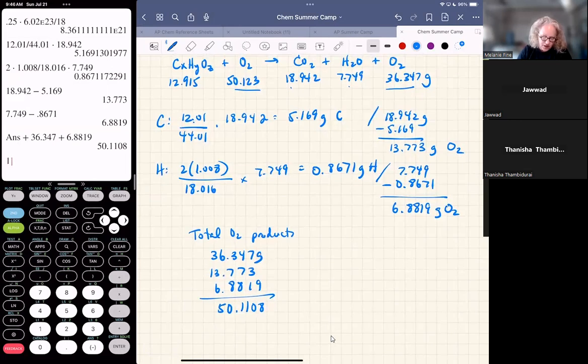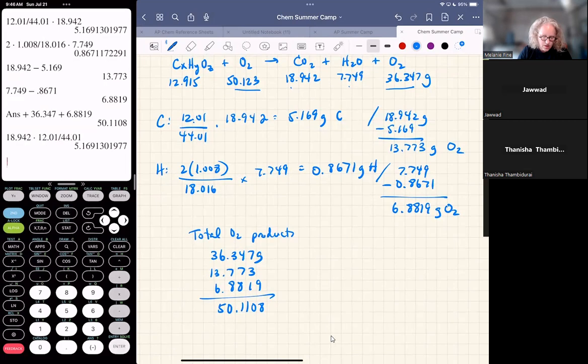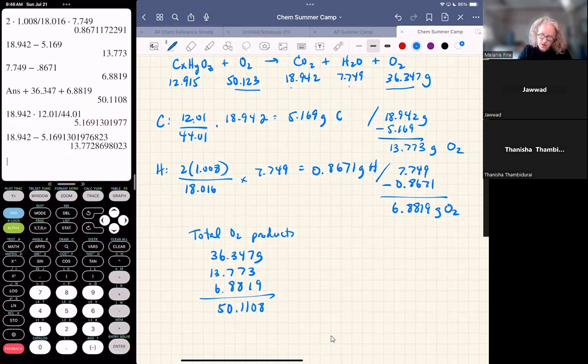So 18.942 times 12.01 divided by 44.01. And I'm going to take 18.942 minus that number. It's 13.772. So I can keep that number there. I'm not sure how to save it, but I'm going to keep that number there.